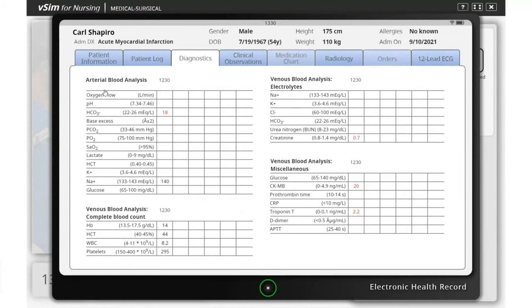Here they had drawn some arterial blood analysis. So you're looking at your HCO3, and then down here you're looking at sodium, going all the way through to your venous blood analysis for electrolytes and your CBC here, and then your miscellaneous.